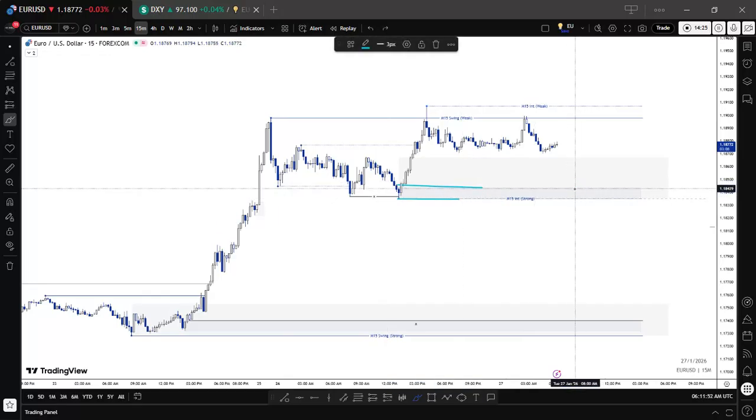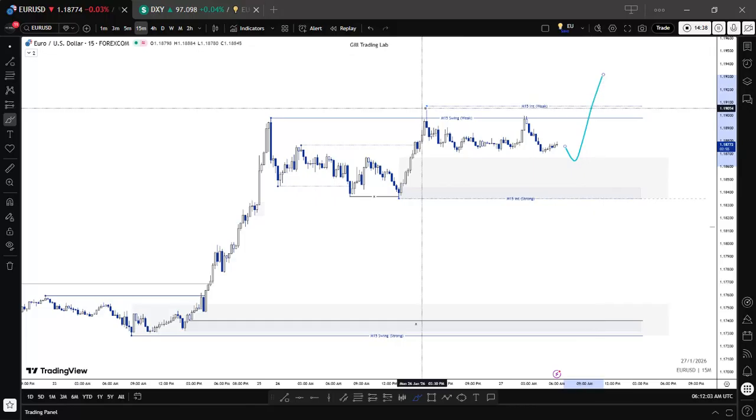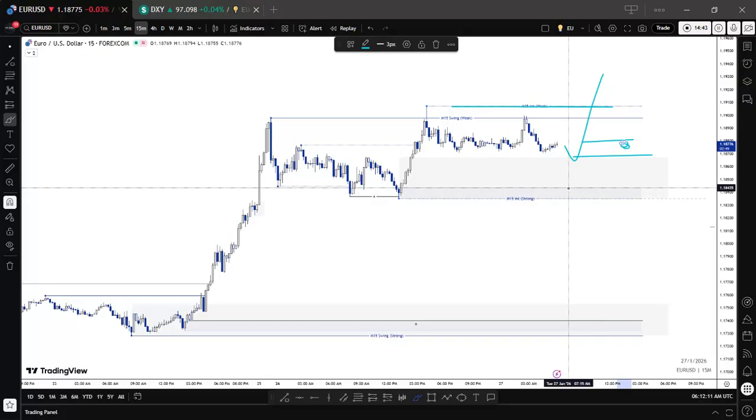It's okay. But for me, I love to see POS form during that day. So if price mitigates this zone, I will not be interested. I will want to see price break above this high, then I look to catch phase A2 longs from here. So that's all for today's video.